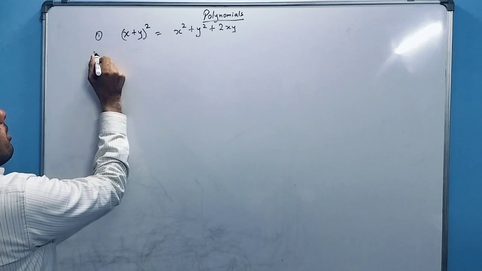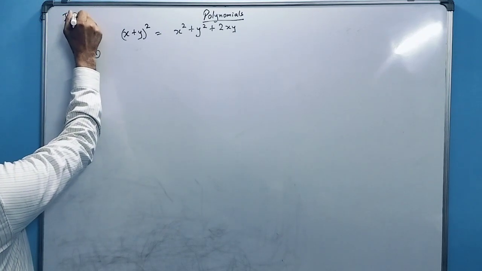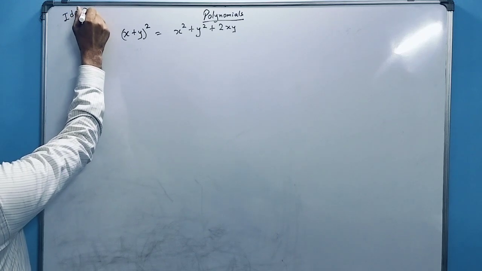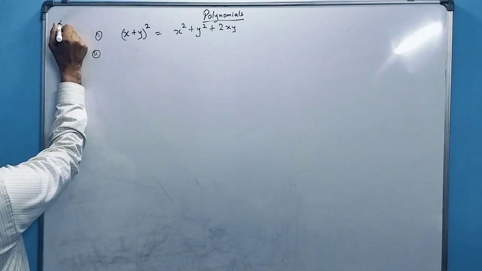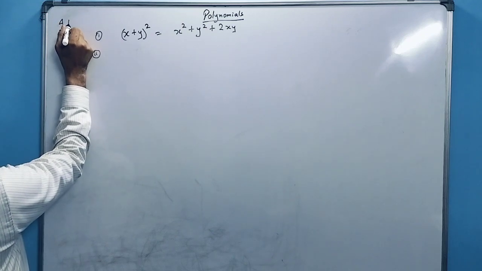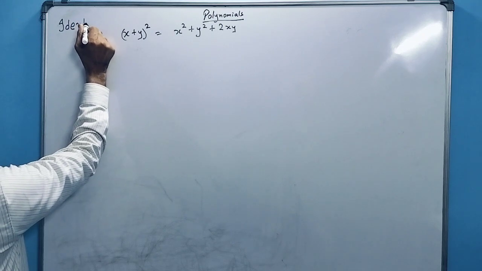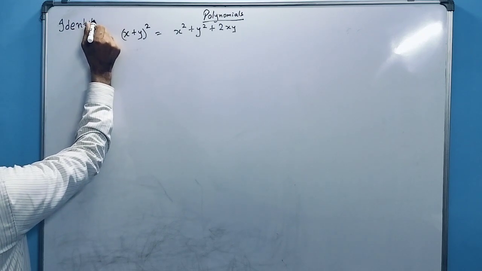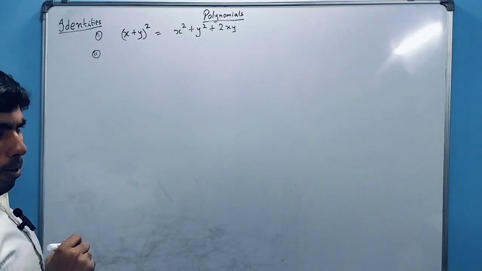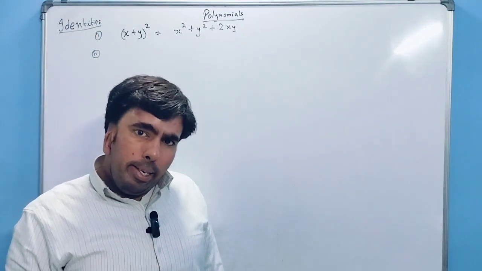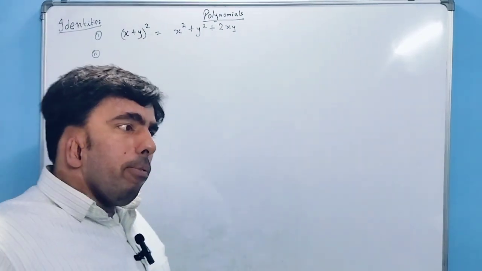Okay, these are called the identities. So I will write here, identities. Today we'll discuss the most important identities which will help to solve numericals.